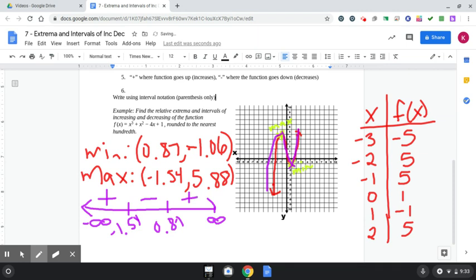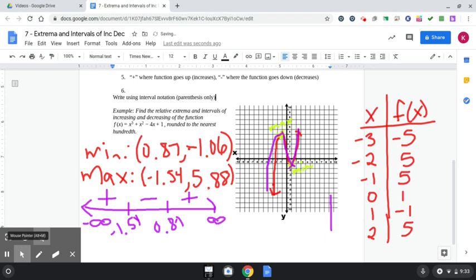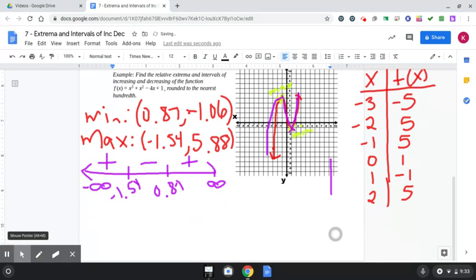So for your interval notation, you pretty much just take it right off of the number line, which is nice. That's the whole point of the number line. It's going to organize your thoughts a little bit better. So on your number line, you see that the plus sign is the first thing that you see.